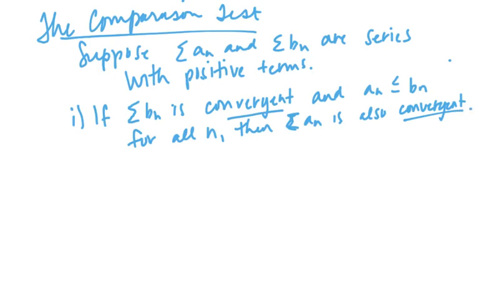So if we know our series is convergent and our unknown series is smaller than our known series, then the smaller series is also convergent.